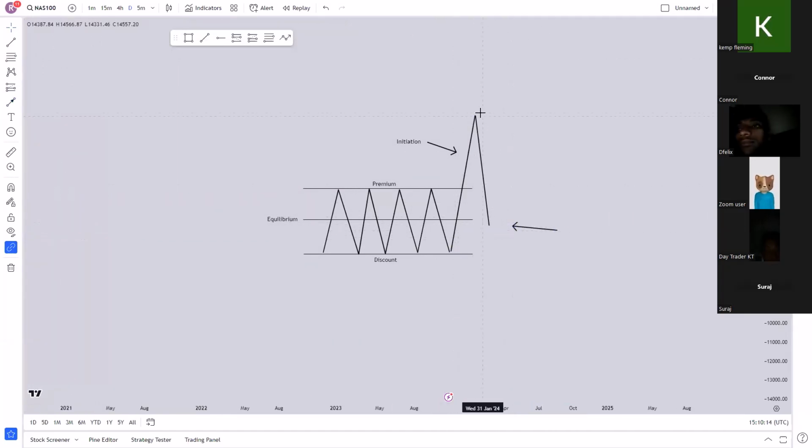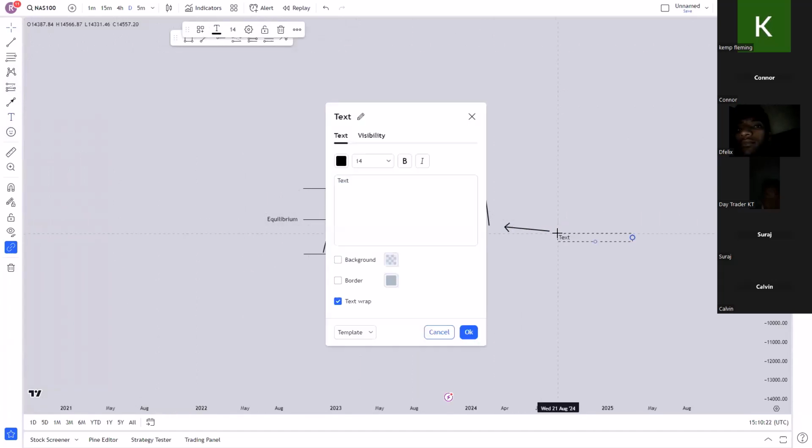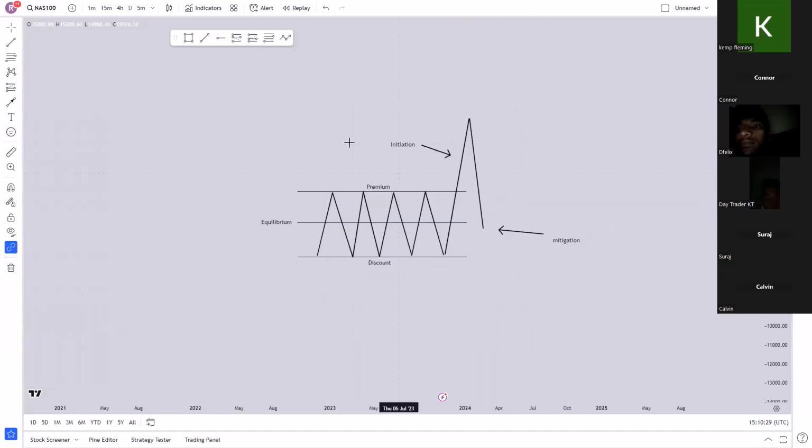So we've got the initiation, we've got the mitigation, and then does anybody know what comes next after mitigation? We fly again. Perfect. So after initiation, which is obviously hence the name, we initiate out of this range.